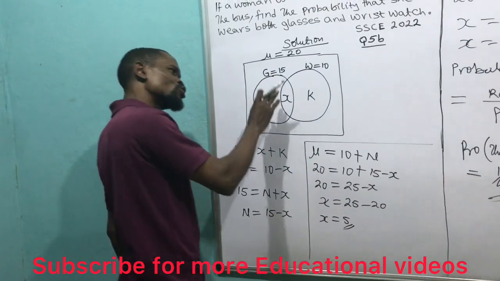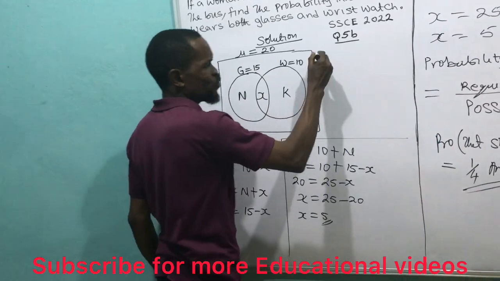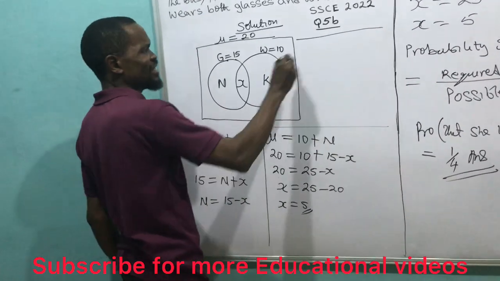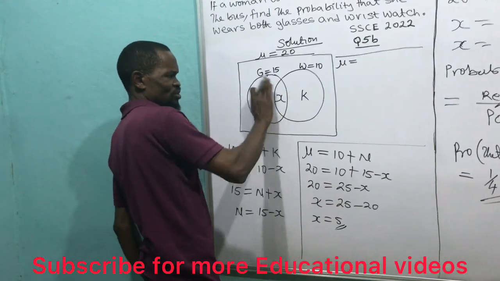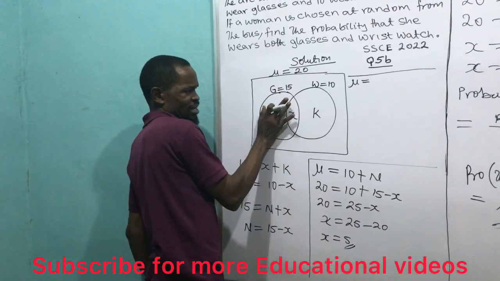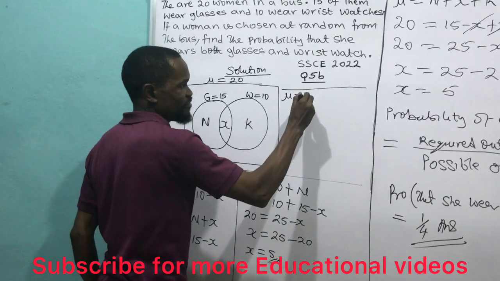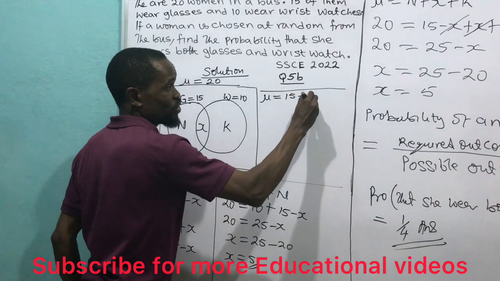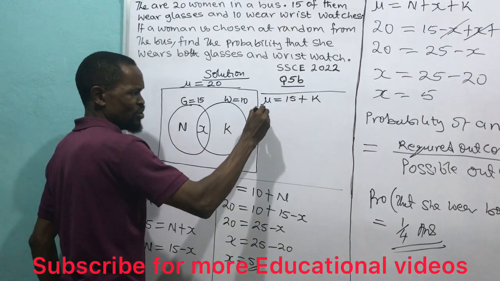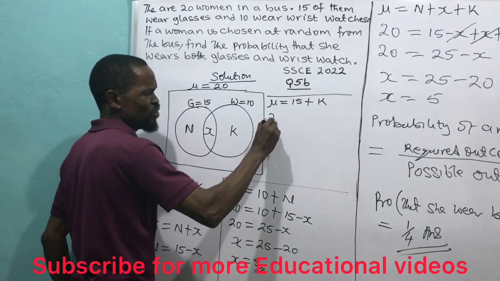Okay, I can also solve this using this way as well. Look at this place. I can now say that mu is equal to, looking at this circle, the total of this circle is 15. Yes, this circle is 15. I'll write 15. What remains after this place? I will have k plus k. But what is my mu? My mu is 20.